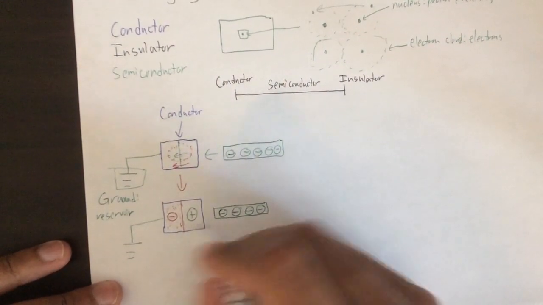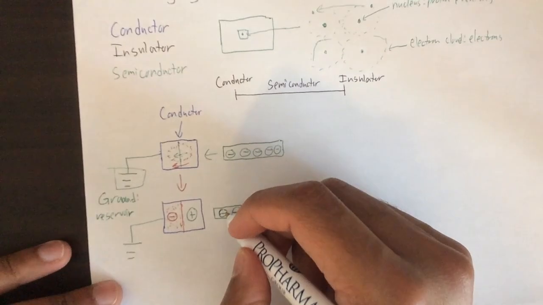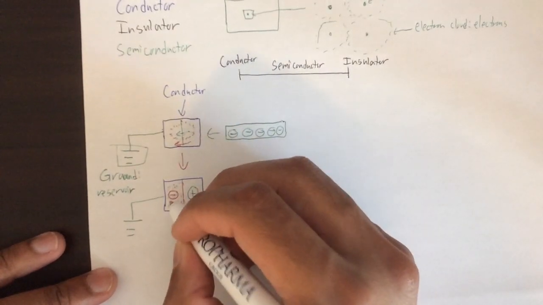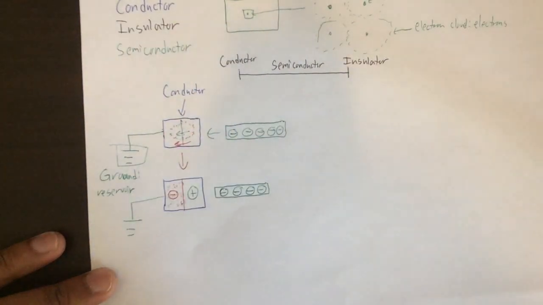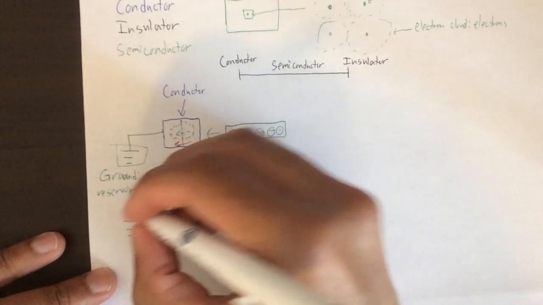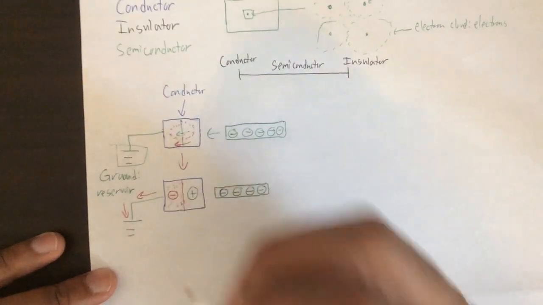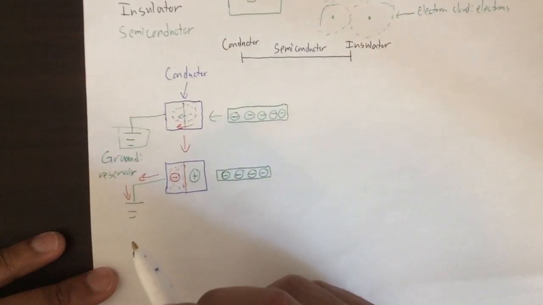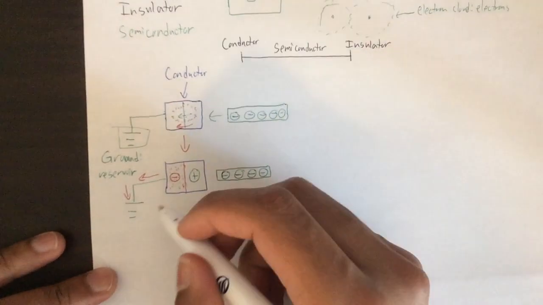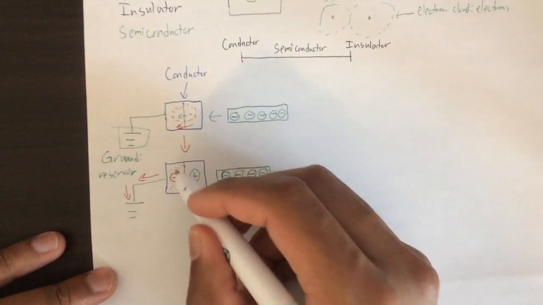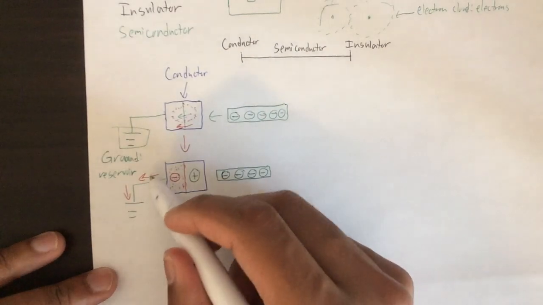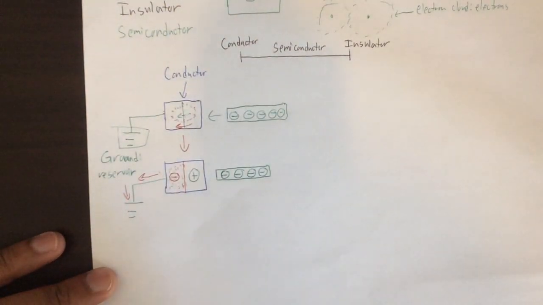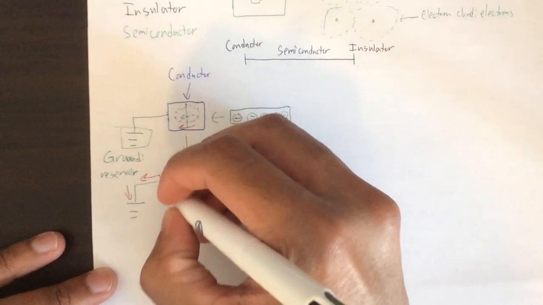When you bring the rod close to this material, because the electrons get pushed to this side, some of the electrons go through this grounding wire and into the ground. So basically you're permanently removing the electrons here. Now let's say you cut this wire after you bring the rod close by.